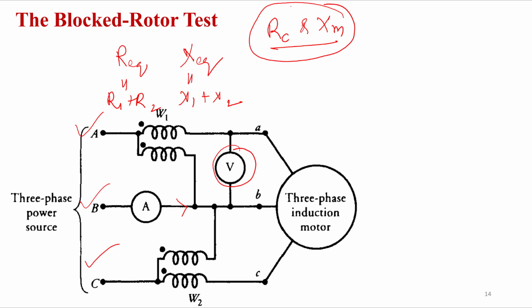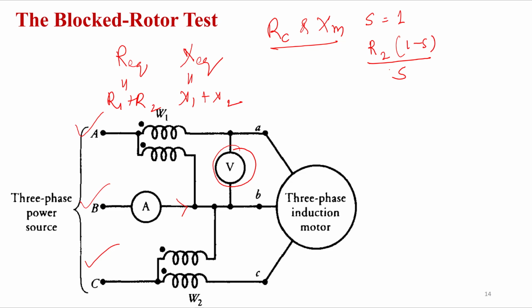And under Blocked-Rotor test, what is the value of slip? What is the value of slip? 1, right? So the dynamic resistance was R2 into (1 minus S) by S, right? If we substitute 1 here, it will become 0.